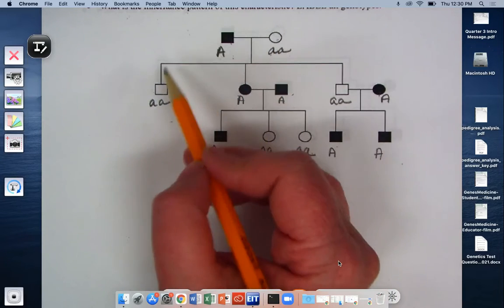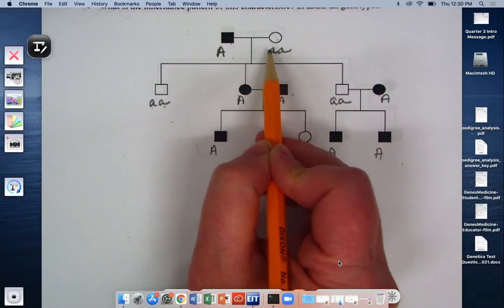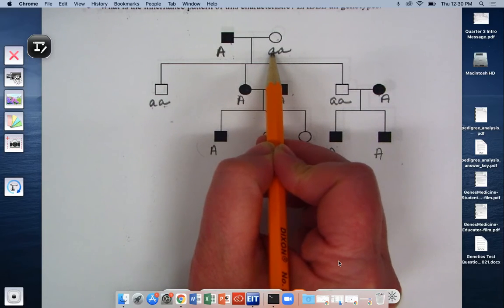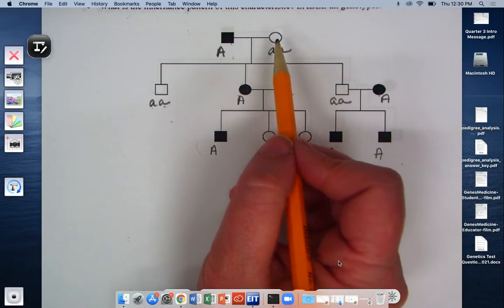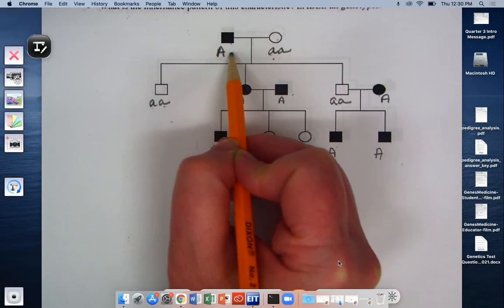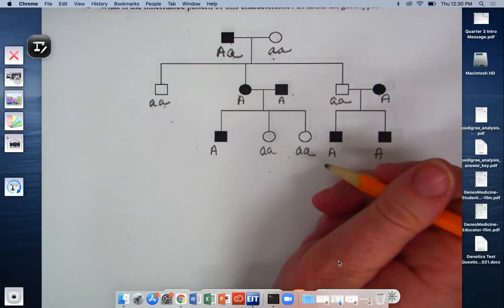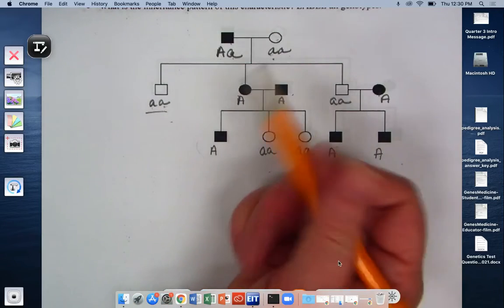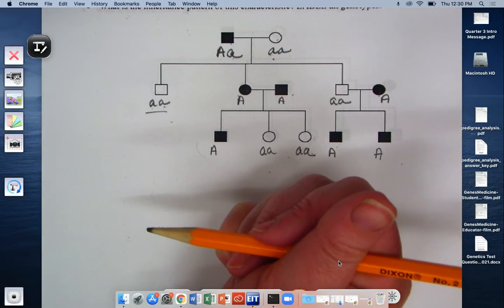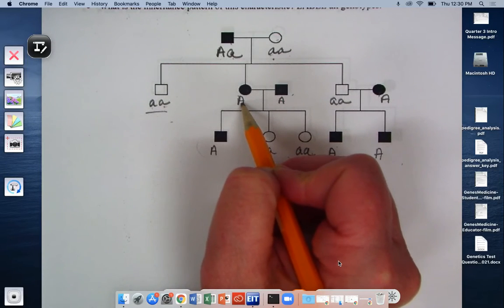So if this child is little a, and they got one of them from this parent, they did not get both. They cannot do that. They only got one. So what would this parent have to have? This parent would have to have a little a. That's the only way you get this child. How about here?